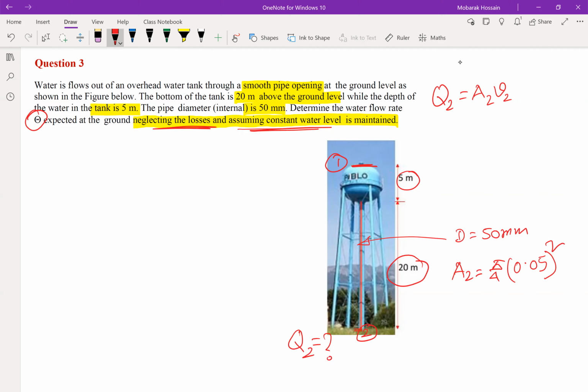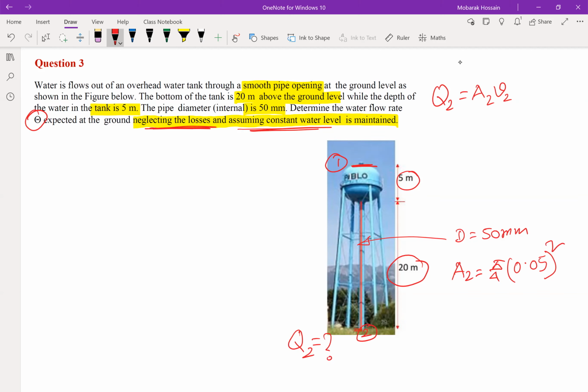Now in this case they give us no losses, so we can use the Bernoulli equation, because when there is no loss, between any 2 points the summation of all energy will be the same constant.